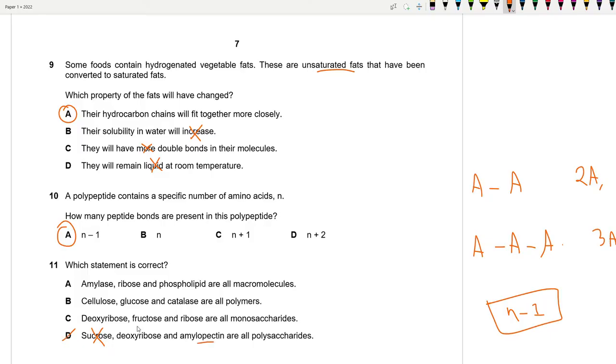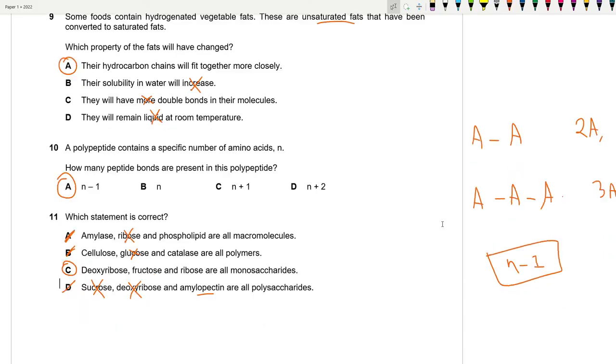Amylopectin is a polysaccharide. Deoxyribose isn't one either. Cellulose is a polymer. Glucose is not a polymer, it's a monomer. Amylase is a protein enzyme. It's a macromolecule. But ribose is just a sugar. So it's not the answer. So the answer has to be C. Deoxyribose, fructose, and ribose are all monosaccharides. Correct.